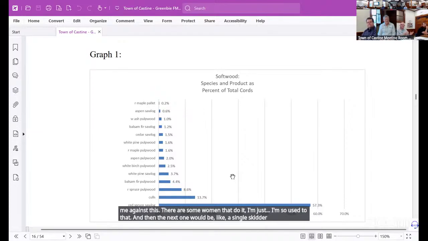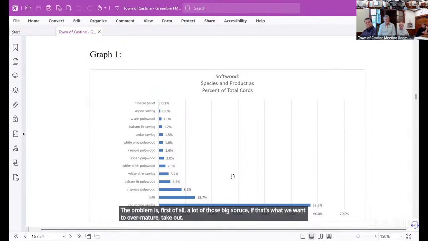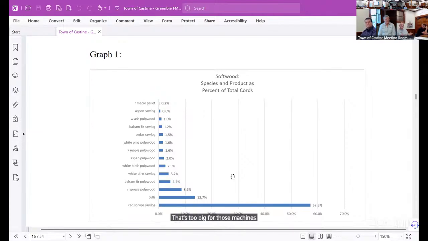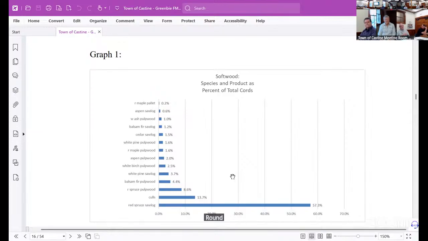If you get to mechanical machinery, the problem is, first of all, a lot of those big spruce, if that's what we want to take out because they're over mature, are too big for those machines. Secondly, they need more wood to move down here, because there is a cost of coming to the site. When people ask me, for each low bed they might need, it's almost $500.